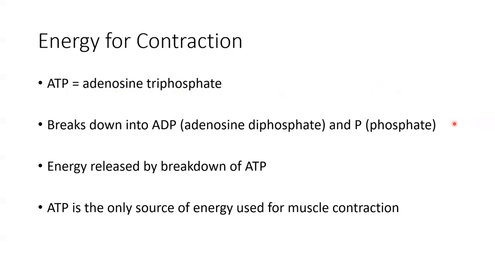When we break down ATP, particularly as part of that cross-bridge cycling, but also elsewhere within the body, ATP breaks down into ADP, or adenosine diphosphate, so 2 rather than 3, and a phosphate ion. When we break down ATP, energy is released, and this is the energy that is used for muscle contraction. ATP is the only source of energy that we can use for this process.